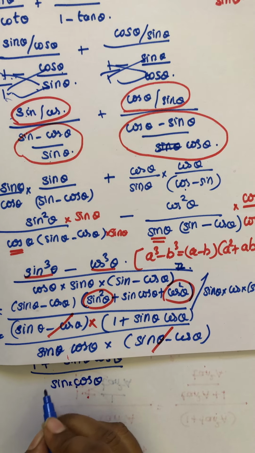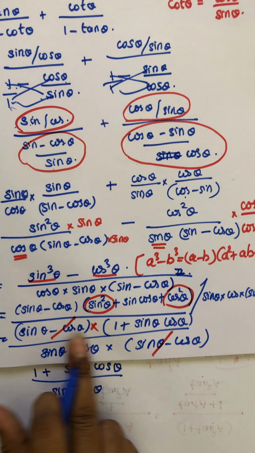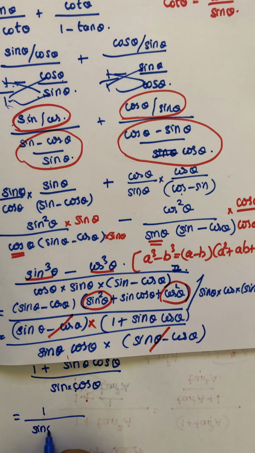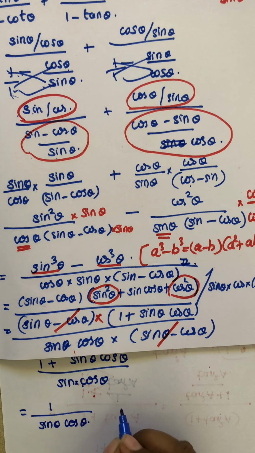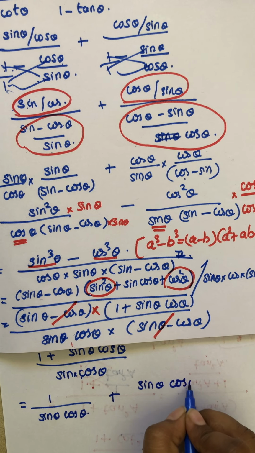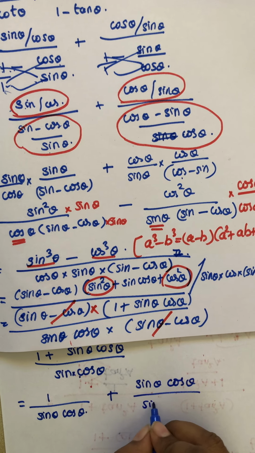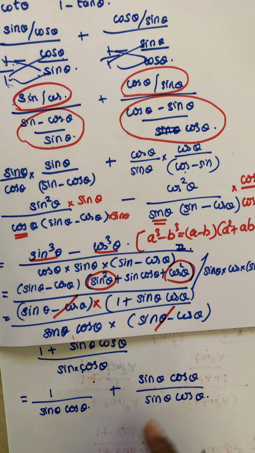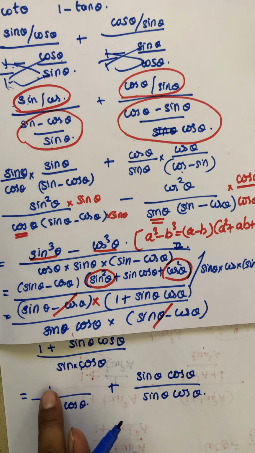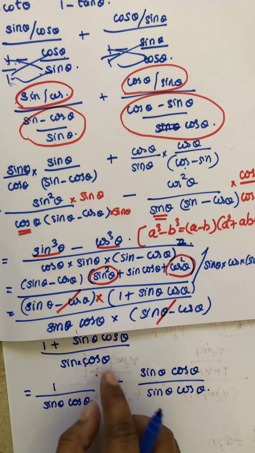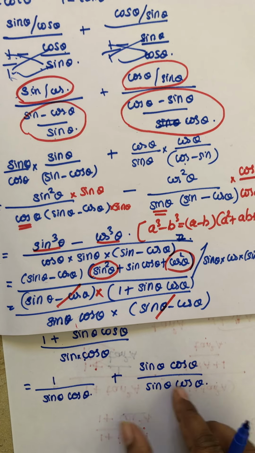Now see, this step came, and this is 1 by sine theta cos theta plus sine theta cos theta by sine theta cos theta. How will you write, students? Because this is a common denominator, we split it into 2. The two numerators have this denominator, so you can write separately.